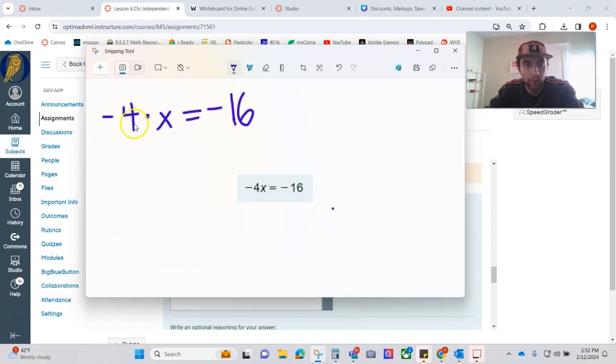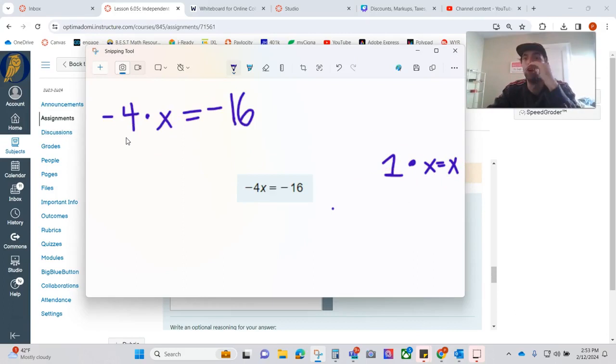Now, I want that -4 out of here. I want it gone. I want to turn this mystery number into the number 1 with multiplication or division, because 1 times anything is just itself, making that number disappear. Then we can finally find our answer, not have it be a backwards question.